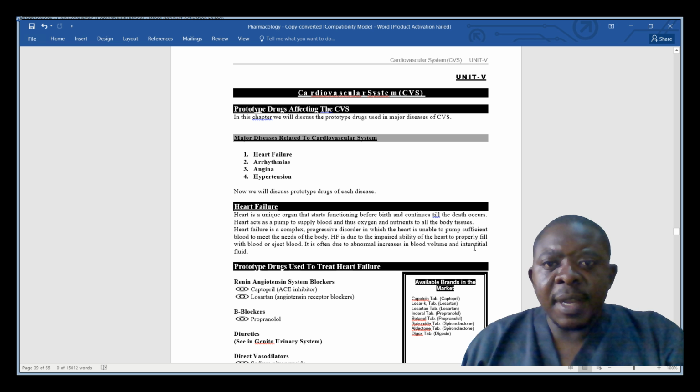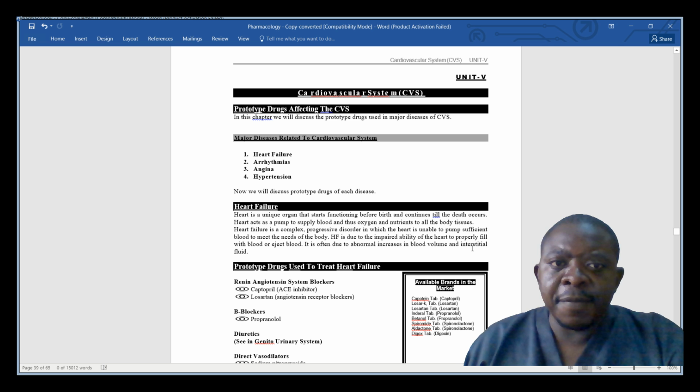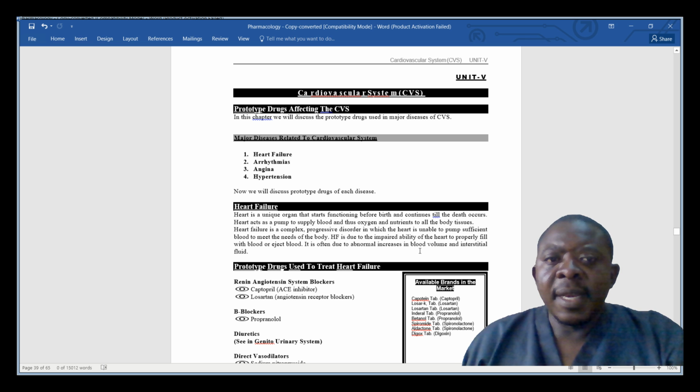Heart failure is due to the impaired ability of the heart to properly fill with blood or eject blood. It is often due to abnormal increase in blood volume and interstitial fluid.